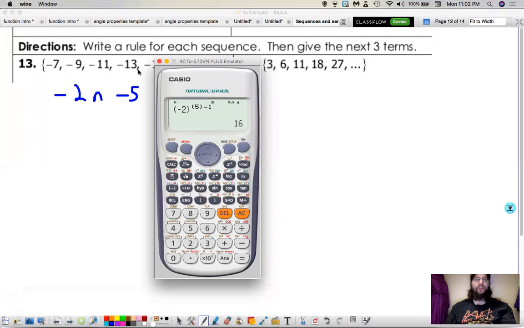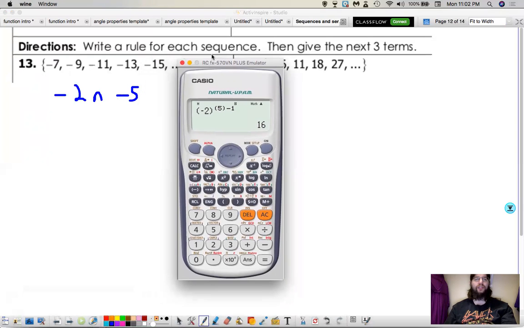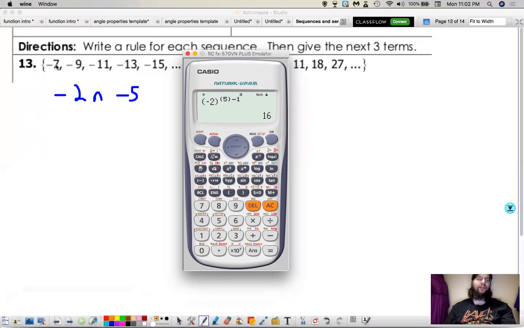So I'm going down 2 each time, so that's my factor, -2. And then how do I get to my starting point? I gotta go 5 below -2. So let's double check that this works. I get -7, and then if I do like 4, let's just see if that works. -13, 1, 2, 3, 4. Okay, this formula will work.